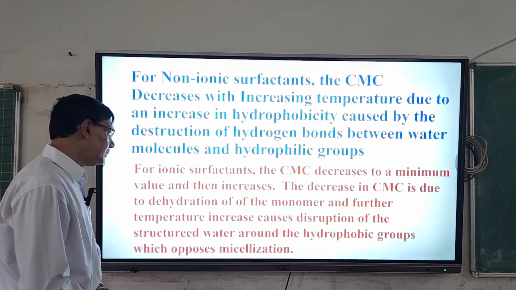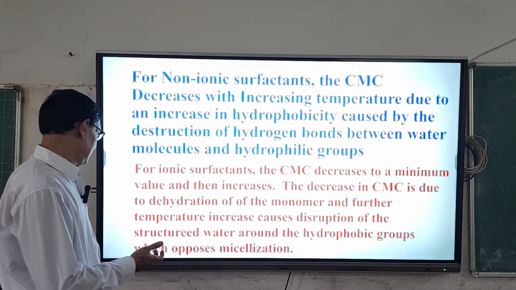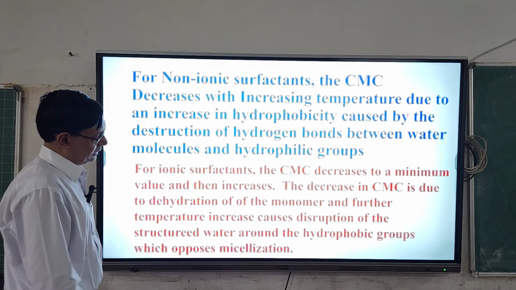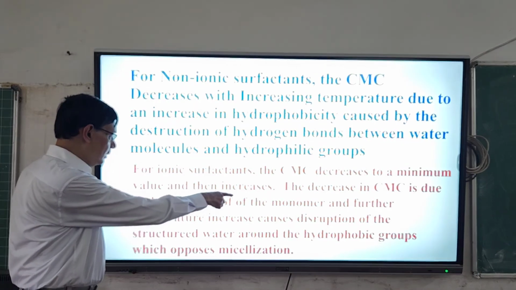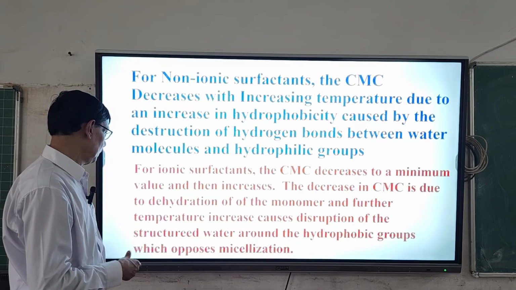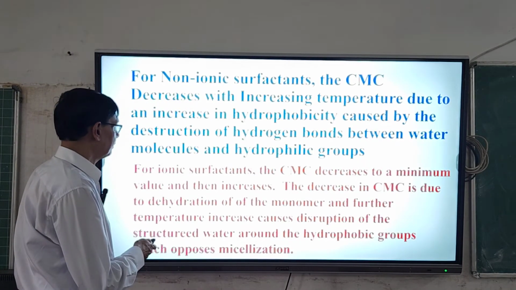The decrease in CMC is due to dehydration. The first part is the same. But when we increase the temperature, there is disruption of the structured water around the hydrophobic groups, which opposes the micellization. So therefore it increases again.